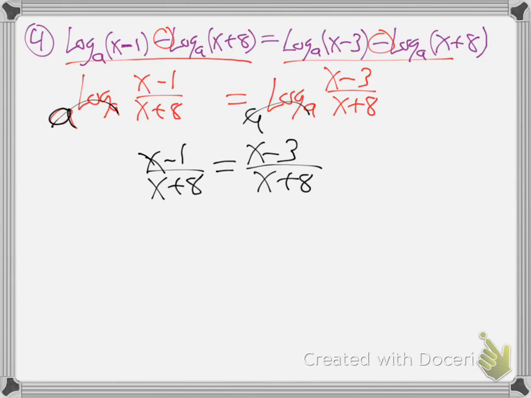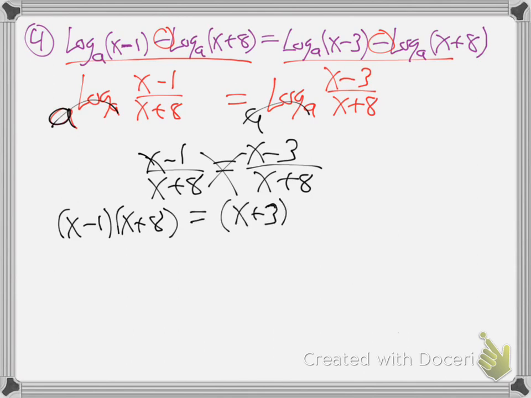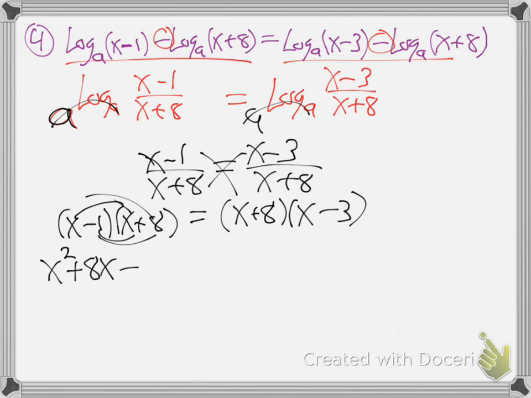And so, right, now we can cross multiply. X minus 1 times x plus 8 is x plus 8 times x minus 3. Okay, then FOIL this, so we get x squared plus 8x minus x minus 8.